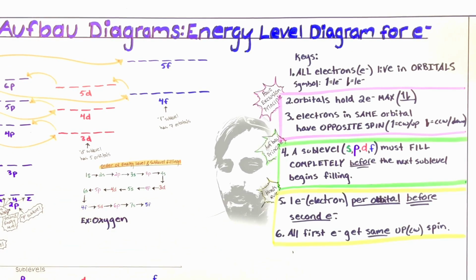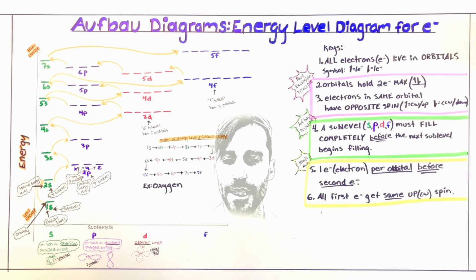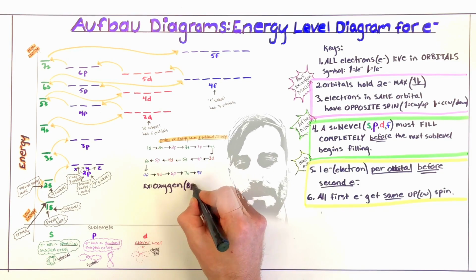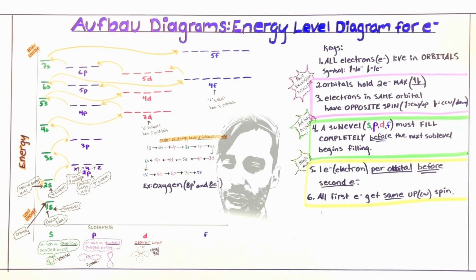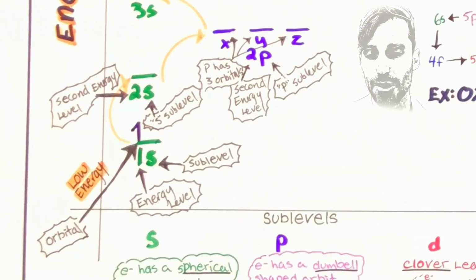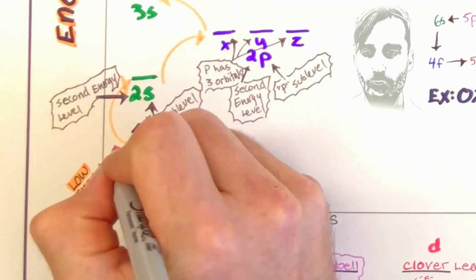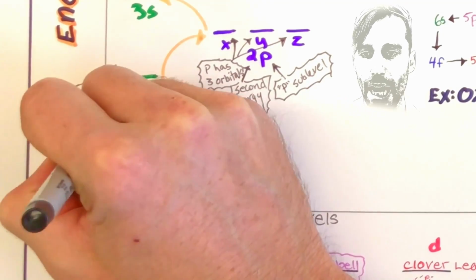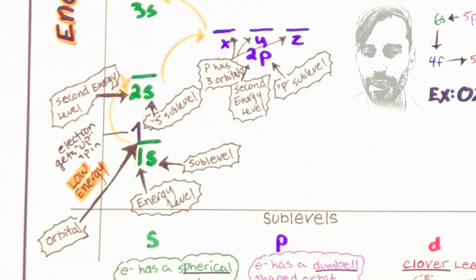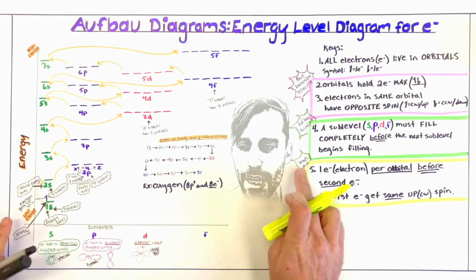Let's do a little example. We won't do a super complicated one here. We'll do a video with more examples later. But let's say we have oxygen. It's got 8 protons and 8 electrons, and Aufbau diagrams are dealing with those electrons. So where are those electrons? The first one, the one that's closest to the nucleus here, we got the up arrow. The electron gets the up spin. That's in the 1s orbital.